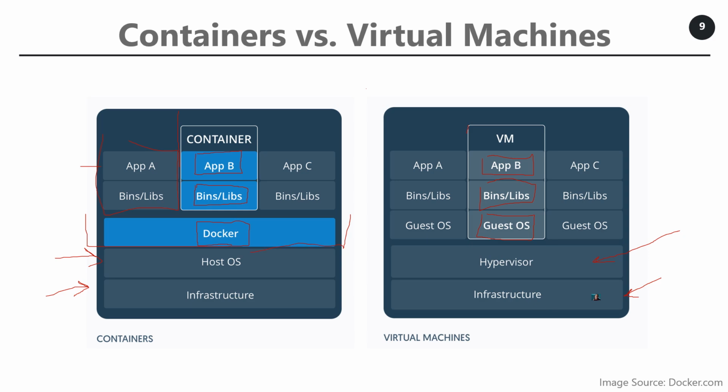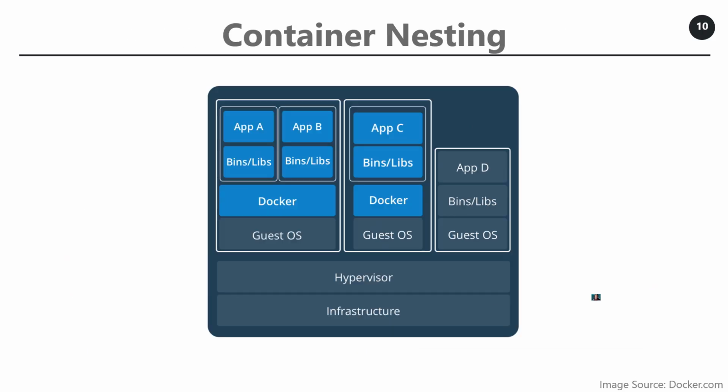We have one layer here, which is the container environment, in this case Docker. We can have container nesting, so you have more than one application and file system within one container. It's what we call container nesting.